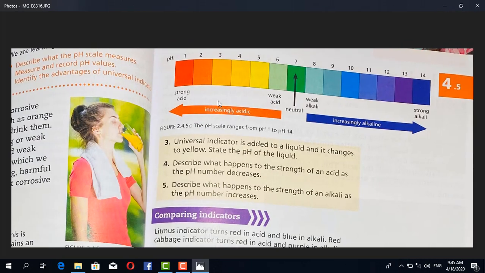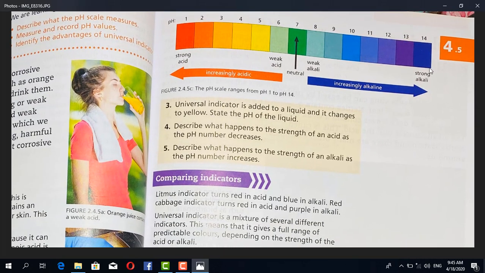So here is the scale of the universal indicator. It shows me that the strongest acid is between 1 and 2. 3 and 4 are slightly weaker, but as you follow the arrow, it goes to strong, and the opposite way around for the alkali.